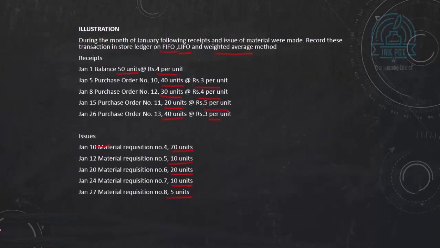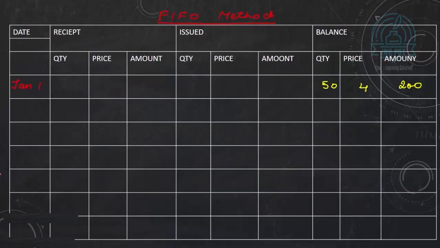Now, moving on to the question. On Jan 5, we have purchased 40 units at the rate of 3, and on Jan 8, 30 units at the rate of 4. So I'll record these transactions. On Jan 5, we have purchased 40 units at the rate of 3 per unit. Amount is 120. We have not issued anything.